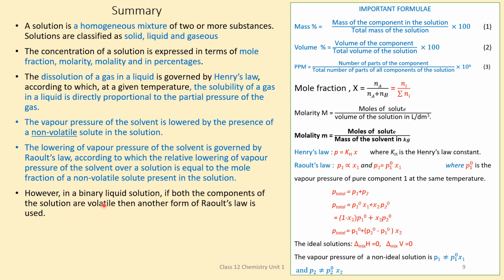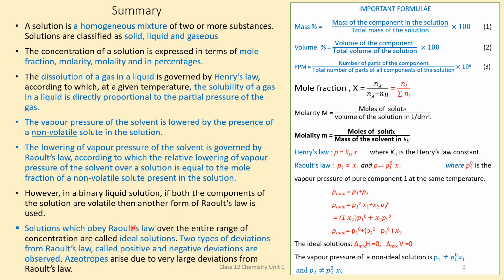In a binary solution, if both the components of the solution are volatile, then another form of Raoult's law is used. Solutions which obey Raoult's law over the entire range of concentration are called ideal solutions. For ideal solutions, different formulae are given.